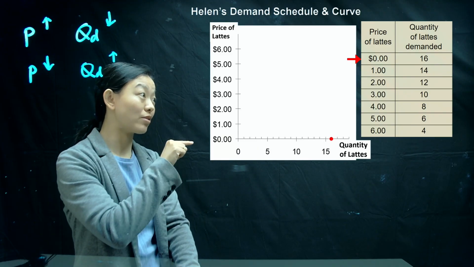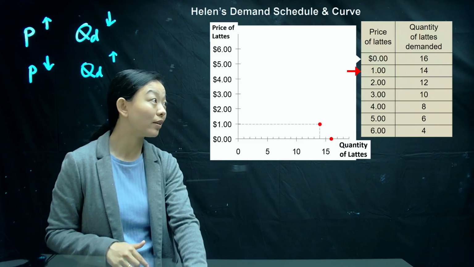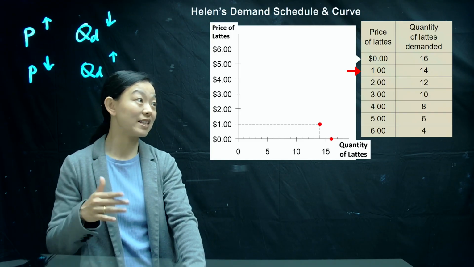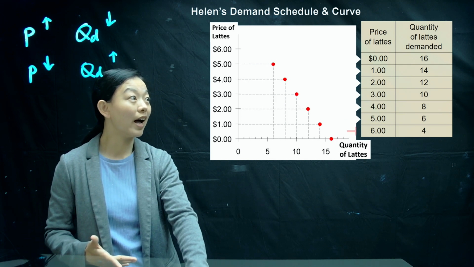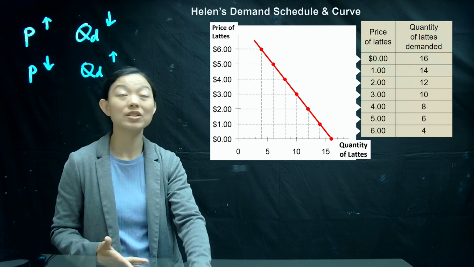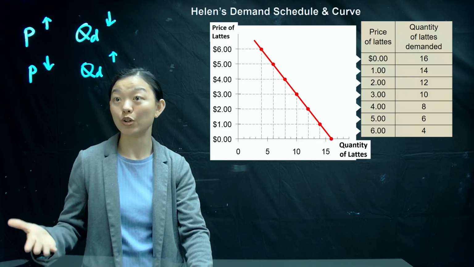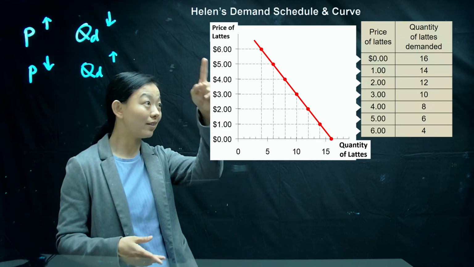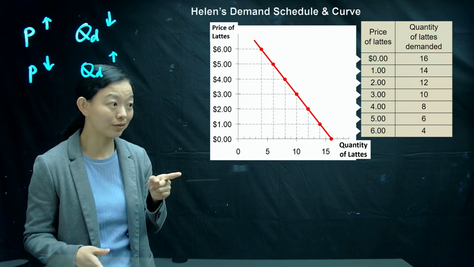You can see the red dots. When the price increases to $1, the quantity demanded of latte decreases to 14, and then it goes on, until the price increases to $6, and Helen's quantity demanded of latte decreases to 4 units. Link those points, and you can derive a demand curve.